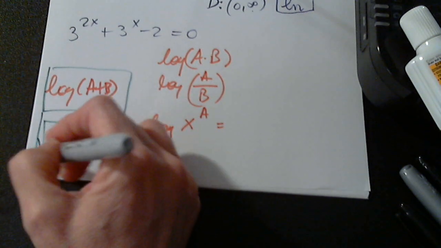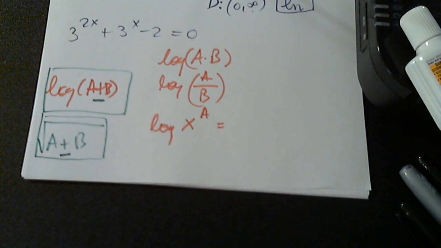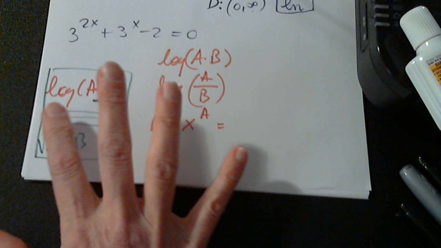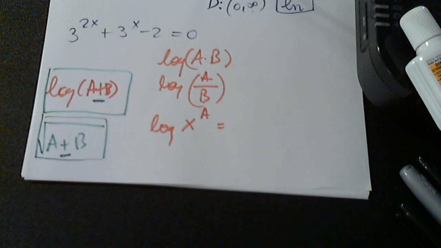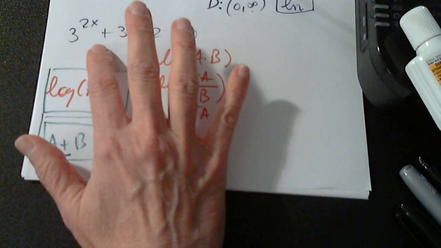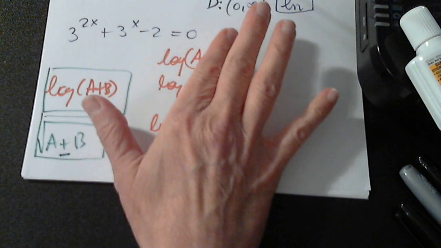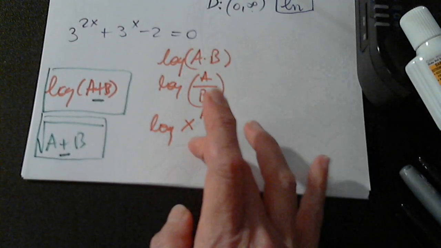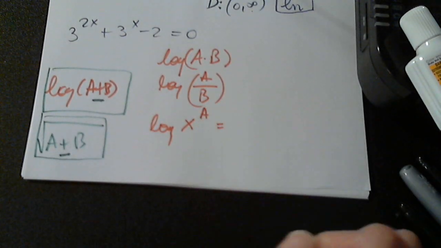This is also carved in stone. So there is no property that allows us to simplify log applied to a sum or a difference, like there is no property for the square root of a sum or a difference of terms. So these are the only options. That's why it's tricky. Yes, if we do that and we apply natural log, we get stuck. We're not going to get anywhere.